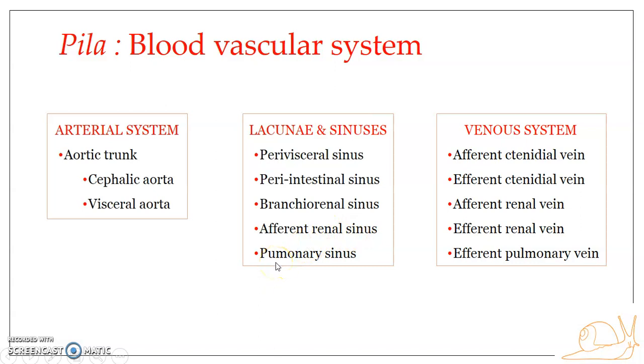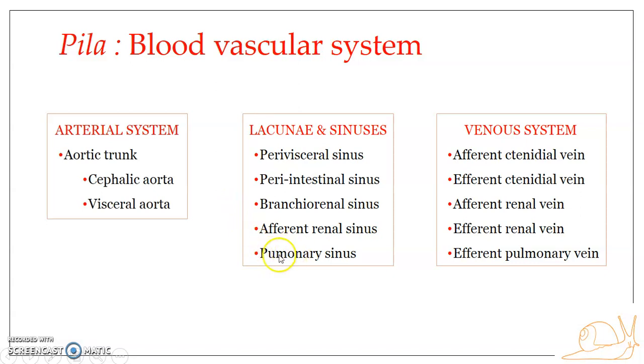Coming to the last one, the pulmonary sinus, it is located in the wall of the pulmonary sac and receives blood from the perivisceral sinus. The perivisceral sinus blood flows into the pulmonary sac, tenerium and anterior renal chamber.